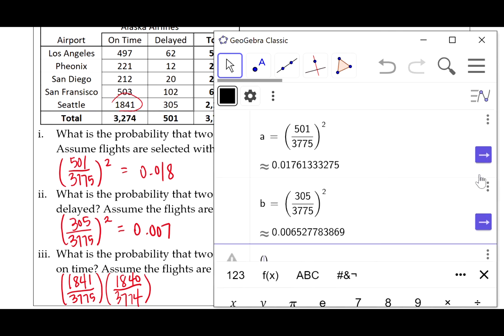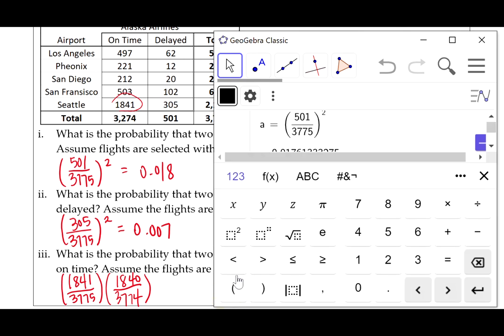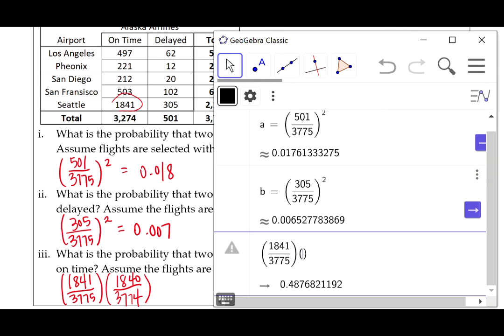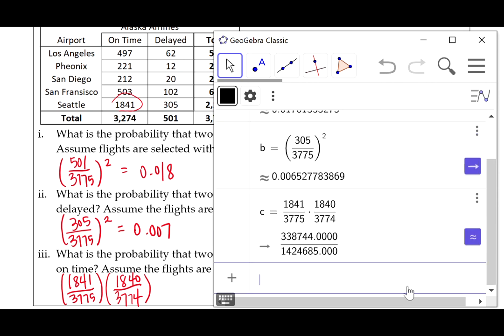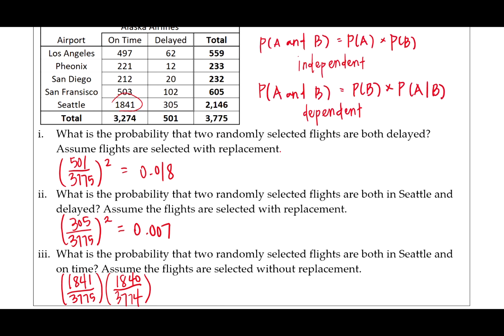I'm going to type in my first fraction, 1841 out of 3775, and then I'll type in my second fraction, which is 1840 divided by 3774. I'm multiplying those two together to use the general multiplication rule, and I'll convert this to a decimal and I get 0.238. To compute this probability of A and B occurring when they are dependent.